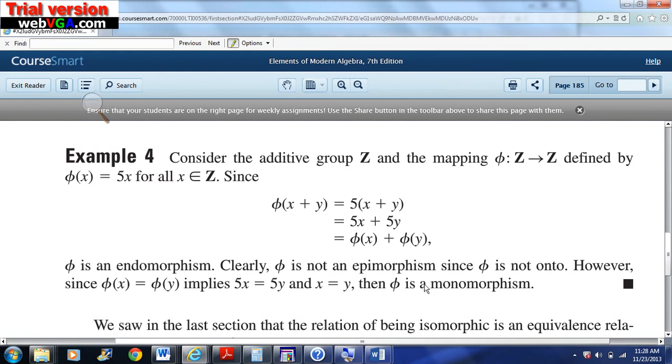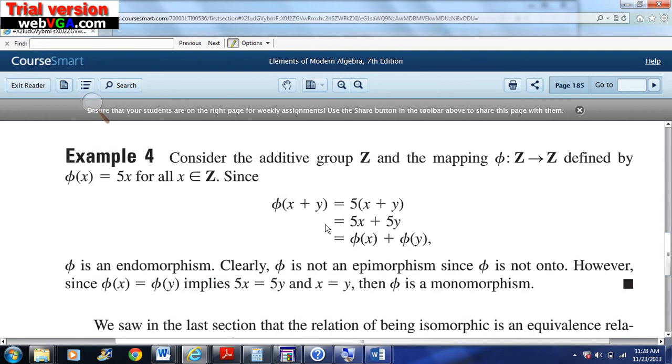That means that you don't get all the values in the range from the function phi. However, since phi of x equals phi of y implies 5x equals 5y and x equals y, then phi is one-to-one, and therefore phi would be a monomorphism.